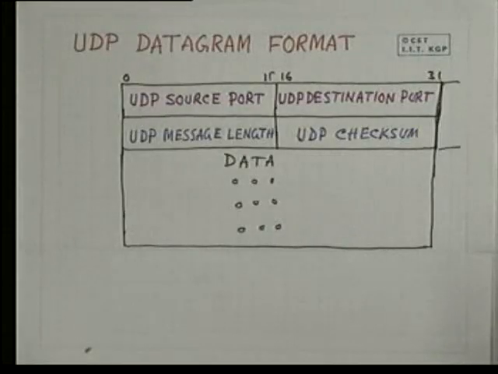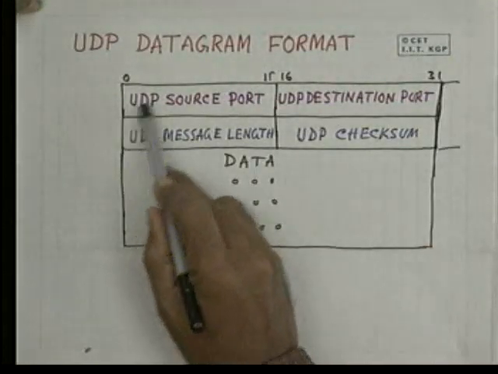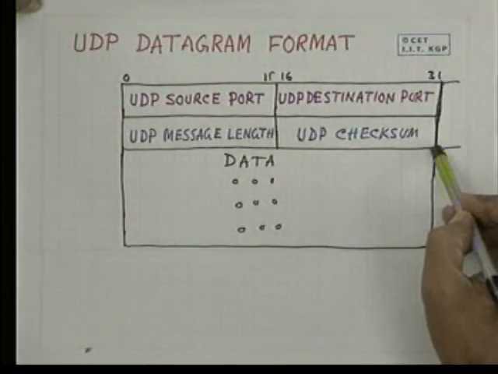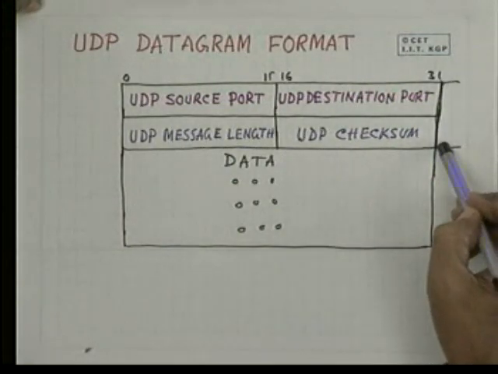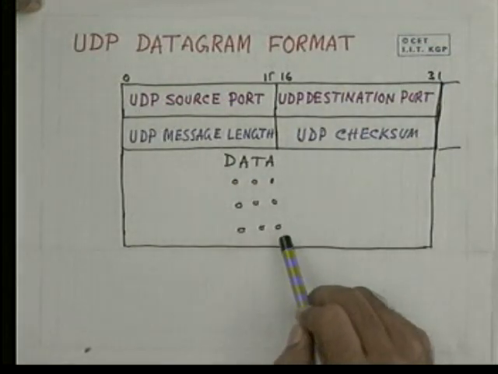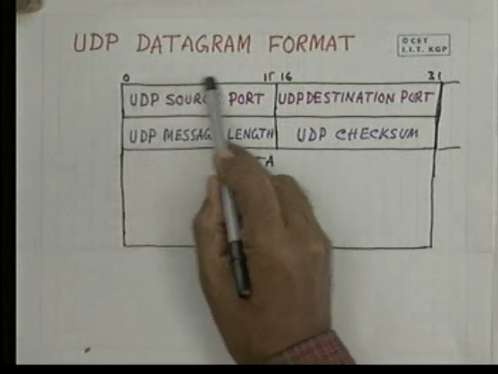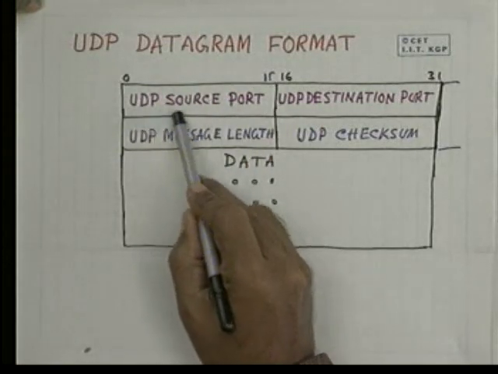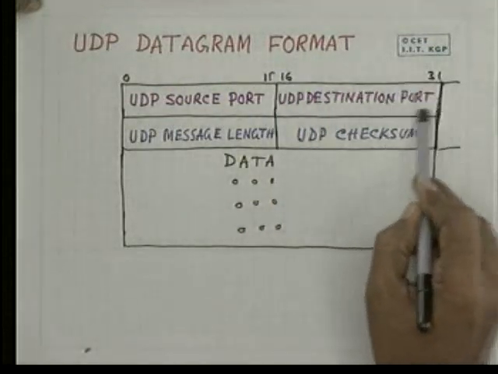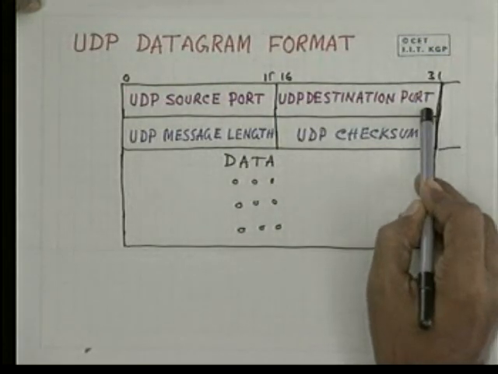To understand it, let us look at the UDP datagram format. The UDP header comprises 8 octets or bytes, or two 32-bit words, and the first 16 bits are the UDP source port, and the next 16 bits are the UDP destination port.